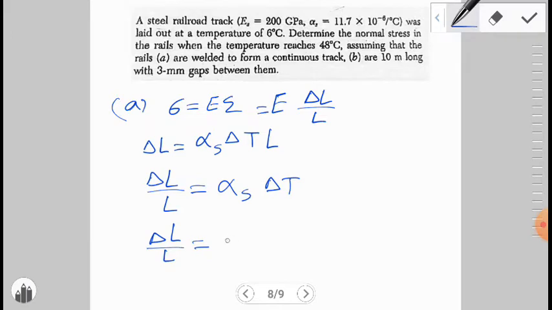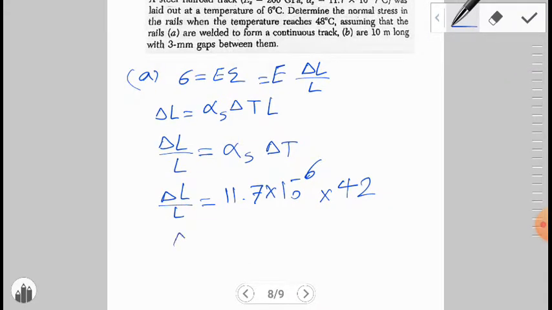Based on the question data, we have 11.7 times 10 to the minus 6 times delta T, the change in temperature from 6 to 48, which is 42. And finally, delta L over L is equal to 4.91 times 10 to the minus 4.